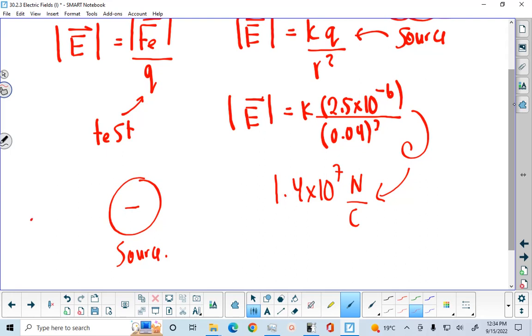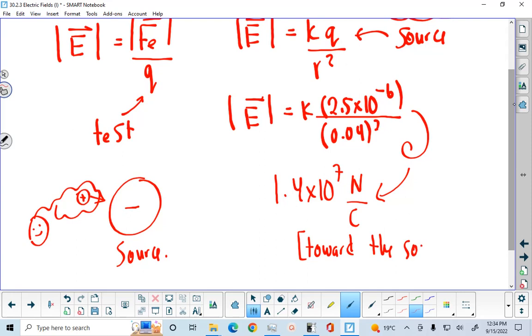So if I imagine putting in a positive test charge, it will experience a force towards that source. So for a direction, we can put toward the source. The positive test charge experiences a force towards the source because the source is negative and opposites attract.